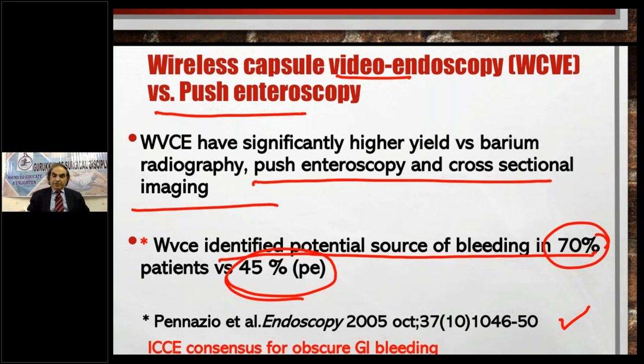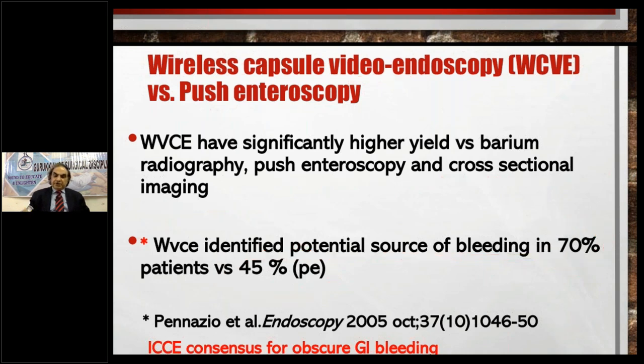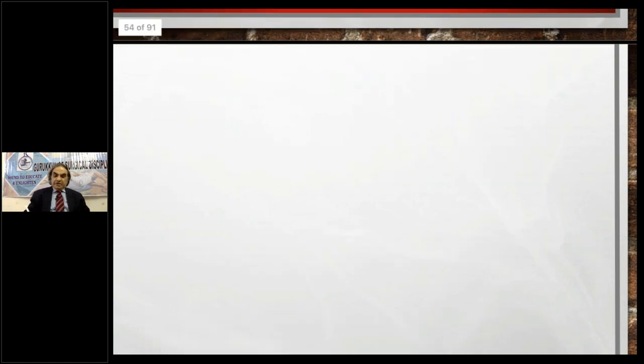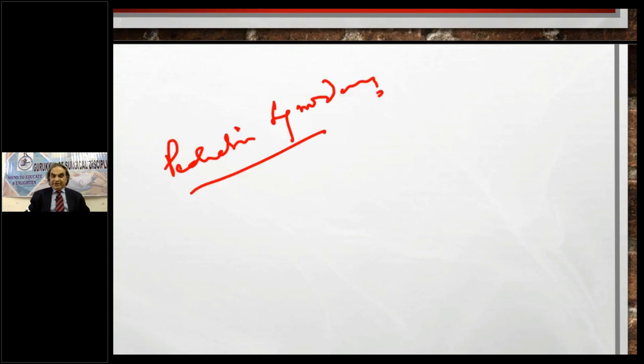Now push enteroscopy is a concept based on the use of a pediatric sigmoidoscope. It is introduced long, it gets into the small bowel, negotiated from here only, and then you try to get an idea by pushing it through.